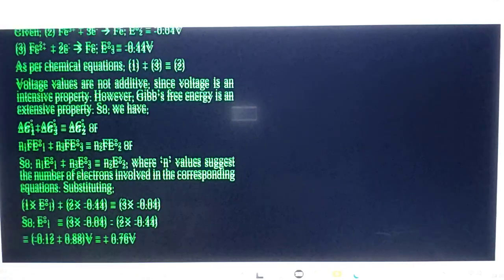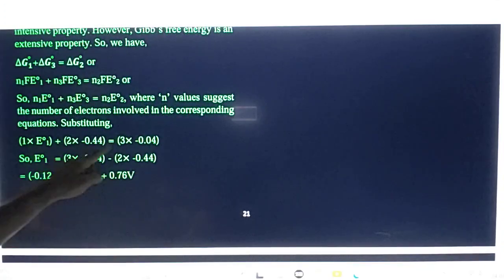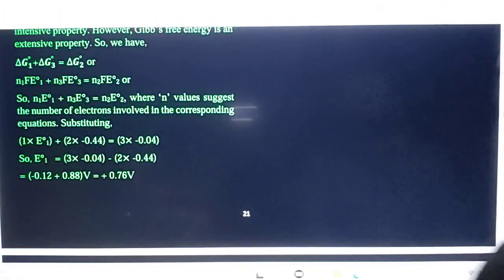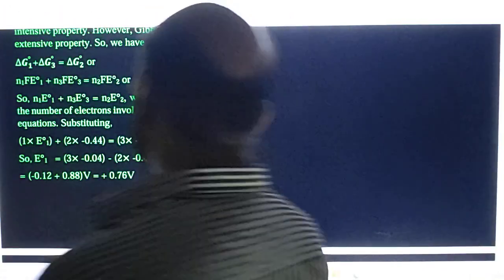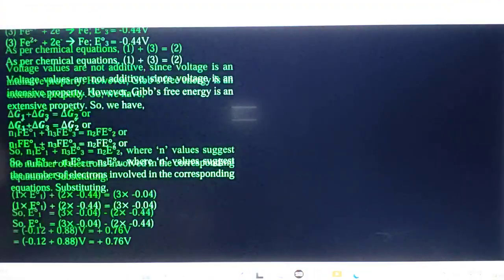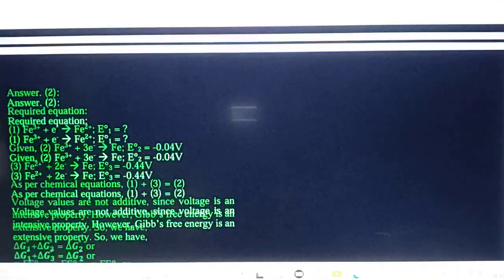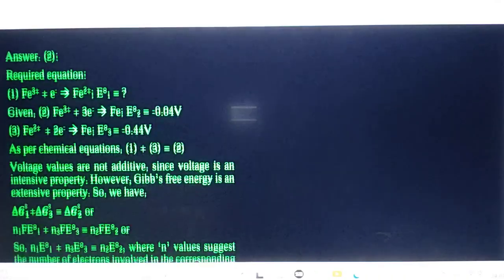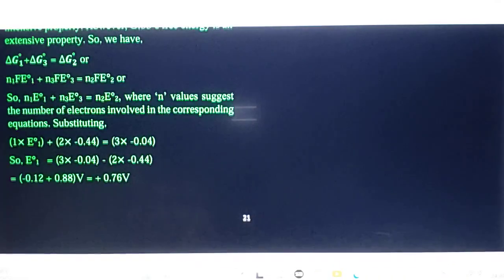Substitute. After simplification, you get plus 0.76 volt as the answer for this particular question. That is option 2 among the given answers. Hope you understood that.